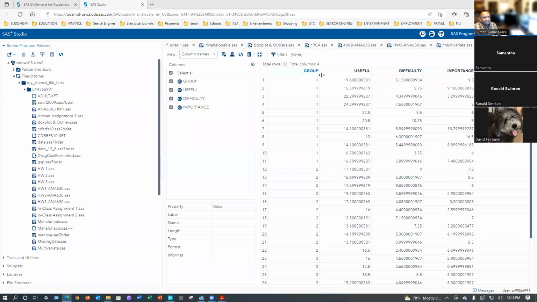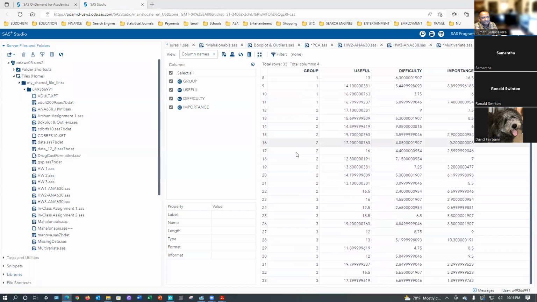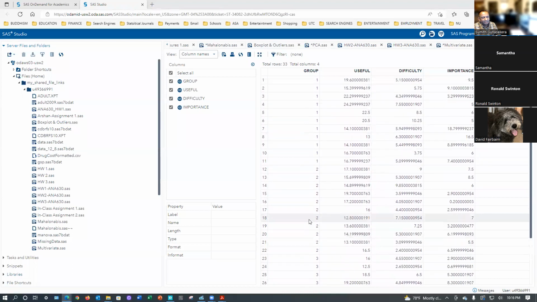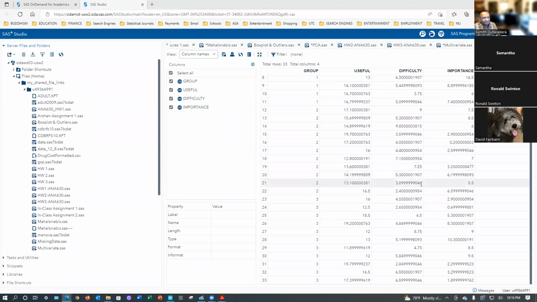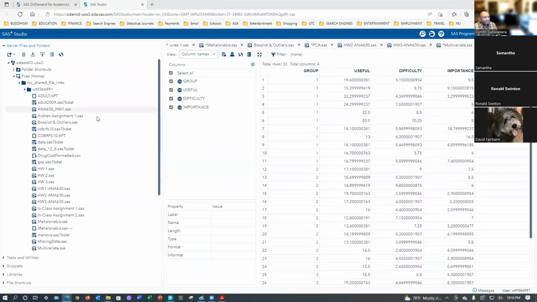The group, usefulness, difficulty, importance: they rate for one group, second group, third group. This is the way it should be formatted within SAS. It's already been given like that. The first individual in the first group, second individual, third, fourth, fifth, sixth, seventh, eighth, ninth, 10, 11, like that.